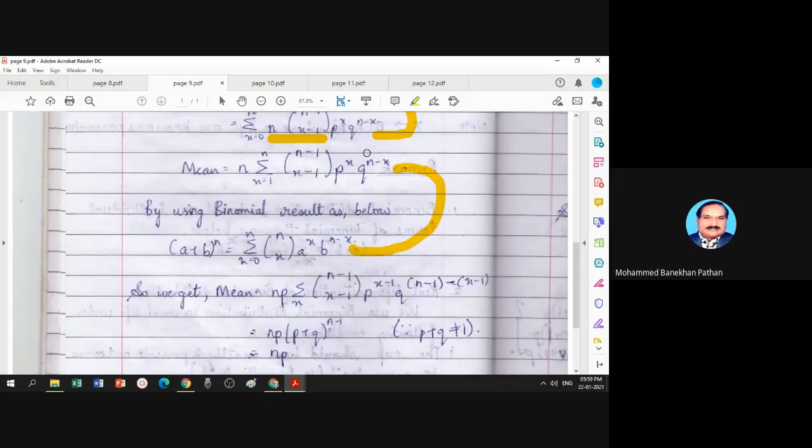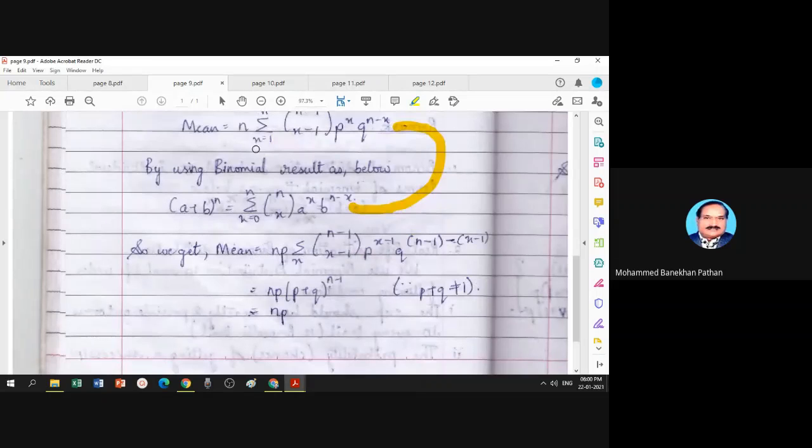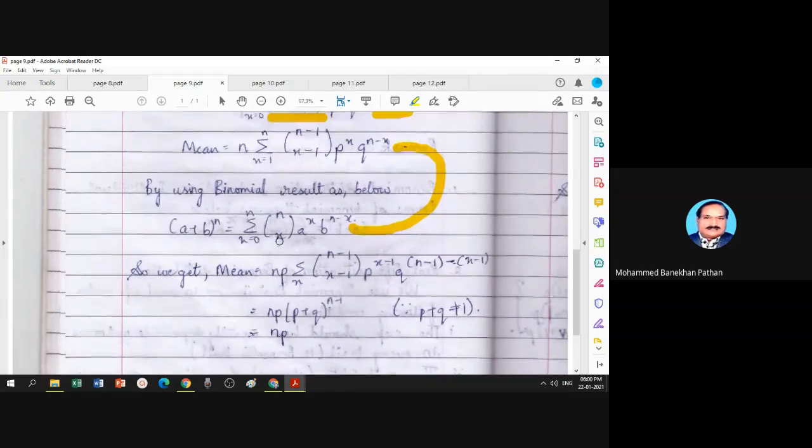So we make an adjustment before applying the binomial result, and that adjustment is small n as it is. I multiply p here and I change p raised to x to p raised to x minus 1. So this minus 1 and this p raised to 1 get cancelled. This step is very important in the derivation, so you should remember this nicely.